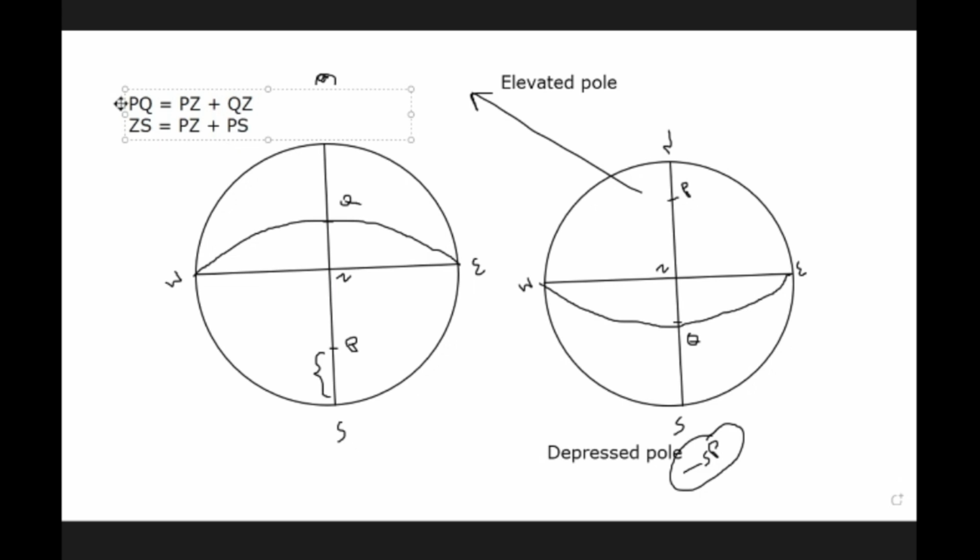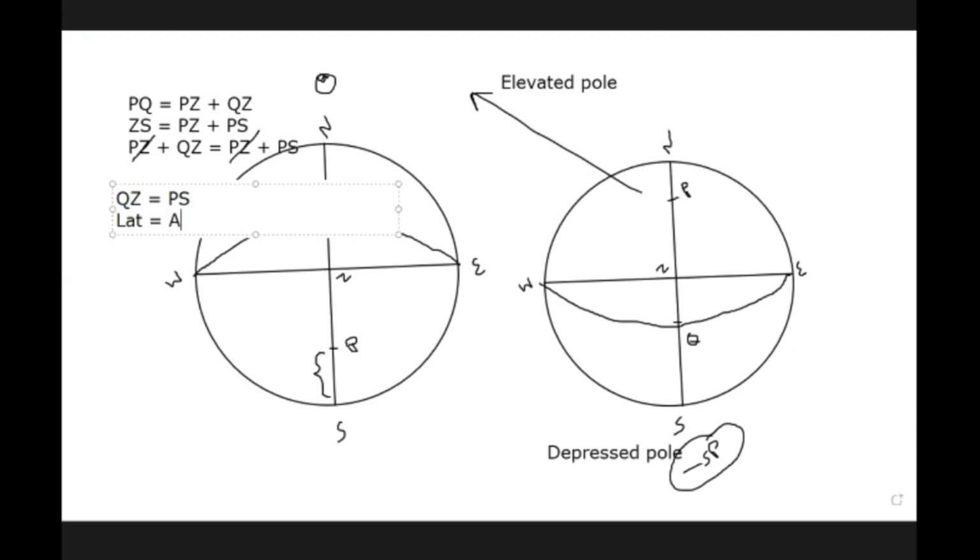Therefore, we can say PZ plus QZ is equal to PZ plus PS. So PZ cancels. Same method you can do for the south. PZ cancels. Therefore, QZ is equal to PS, or we can say latitude is equal to altitude of elevated pole. That's all.